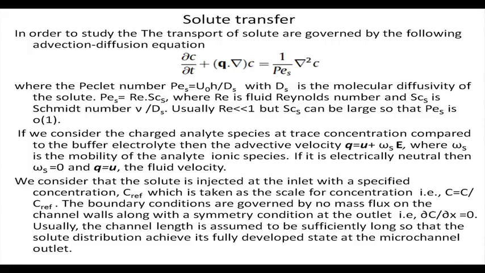Trace concentration means its concentration is so low that it does not change the electrokinetics of the buffered electrolyte. If we consider the solute concentration to be very low, it is referred to as trace concentration.